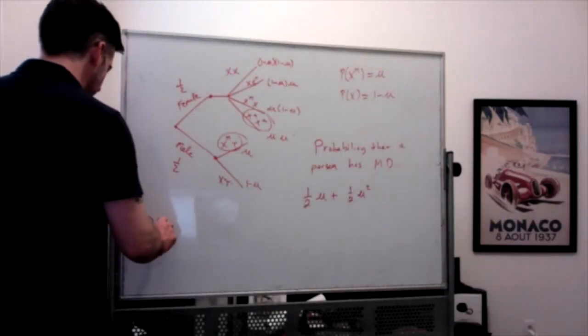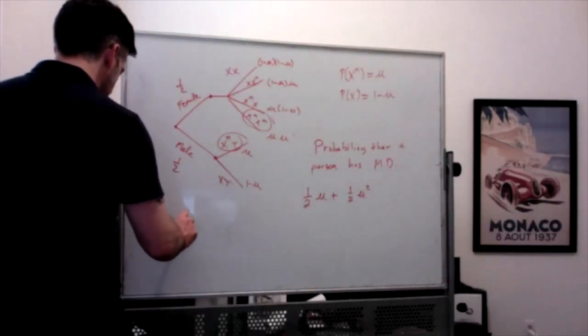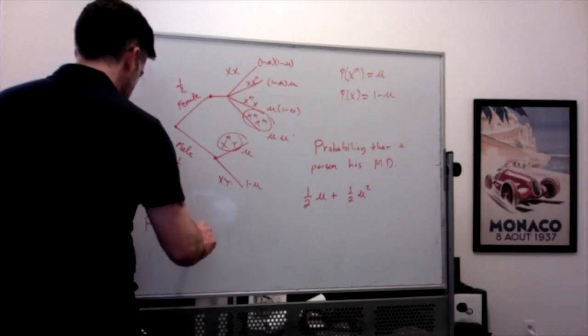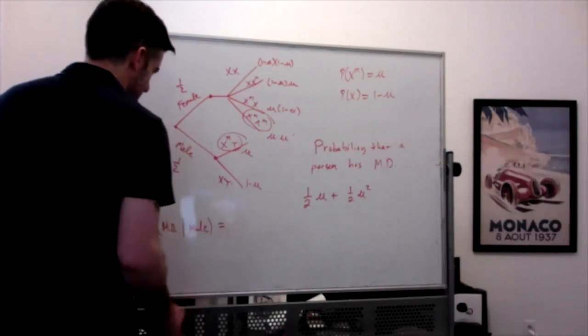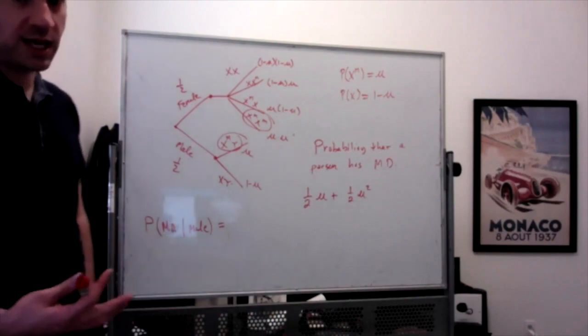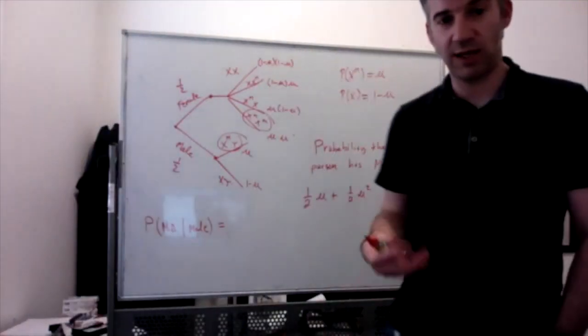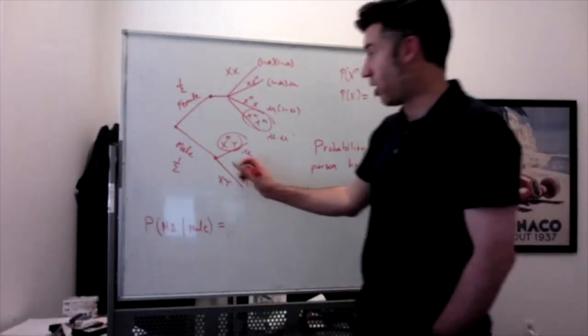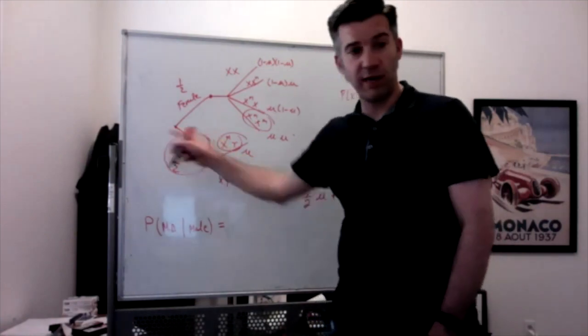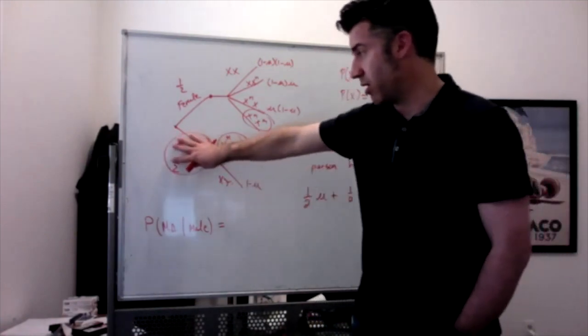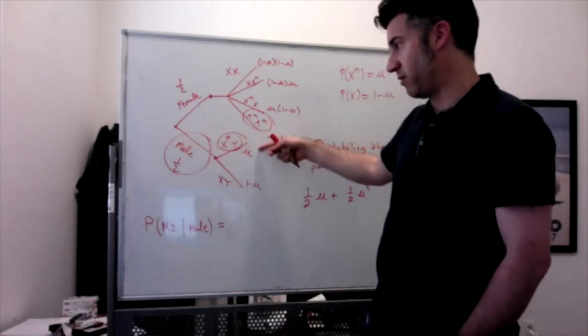So let's ask another question. What's the probability of muscular dystrophy given that the child is a male? Okay, this is where we want to use our common sense. We're on this branch. We're given that it's male. So given that it's male, what's the probability of muscular dystrophy?